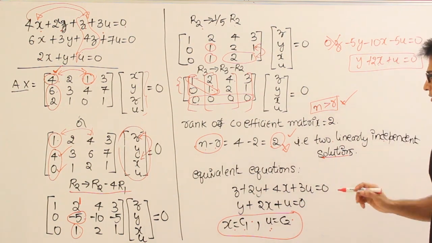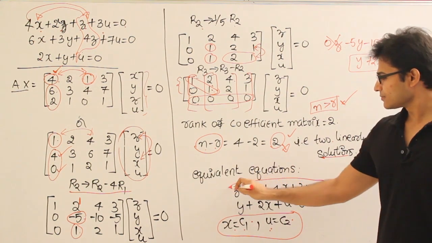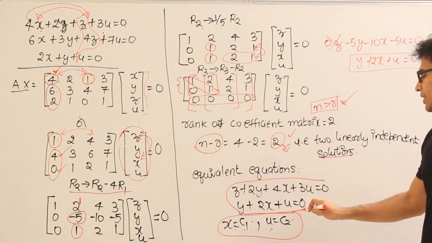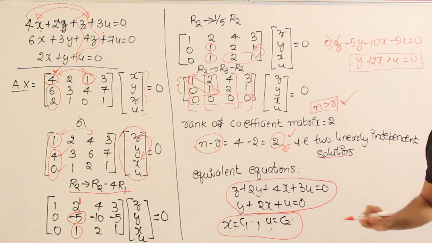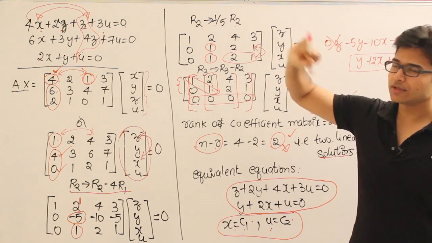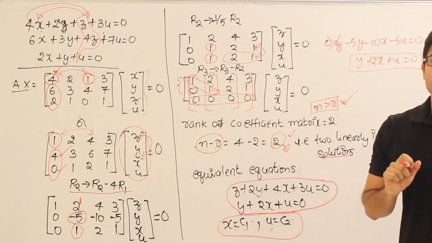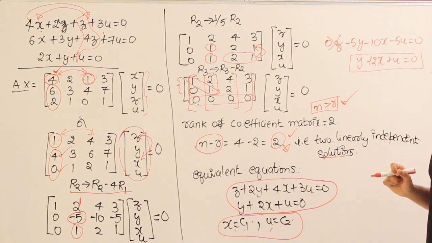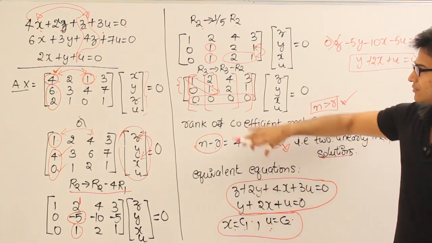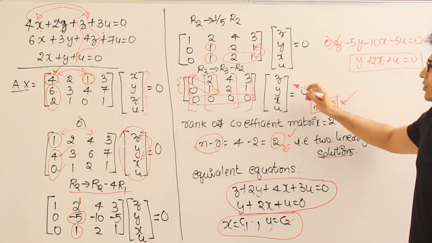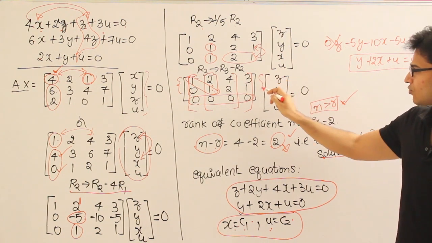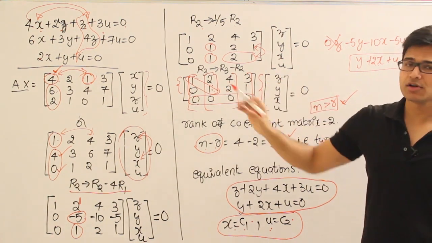Now if you observe this one, this is nothing but the equivalent system of equations to the given equations. Given equations are 3 and this is the equivalent system of equations. Now how did we get this? We got this from here. Carrying these 4 is important because we have changed the order.